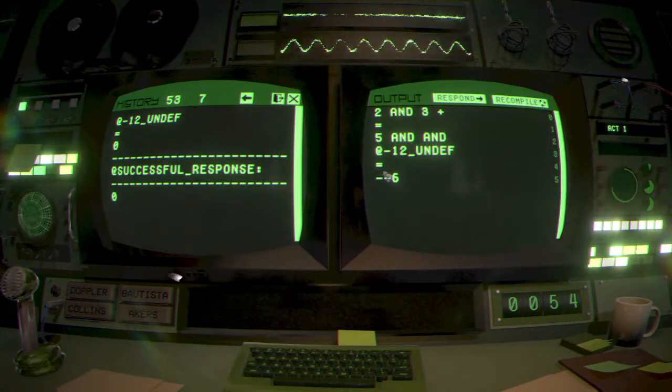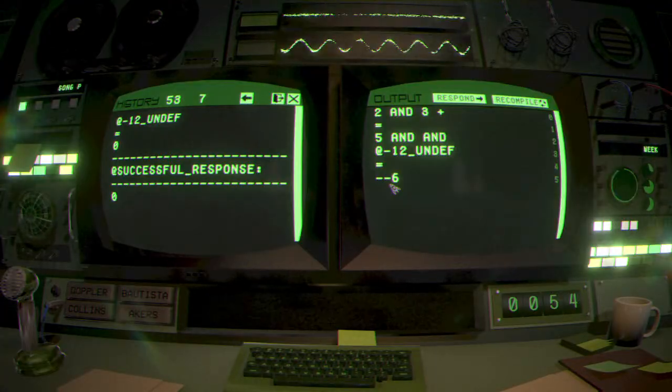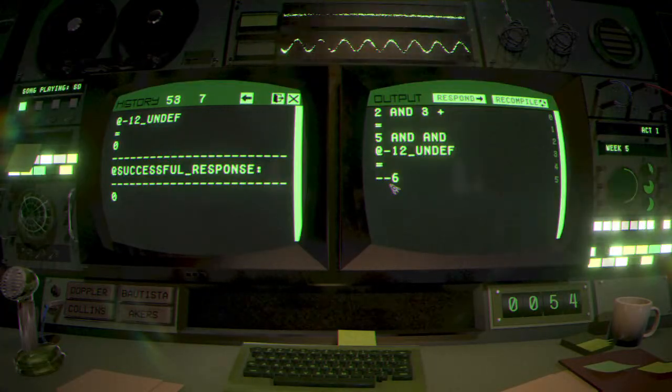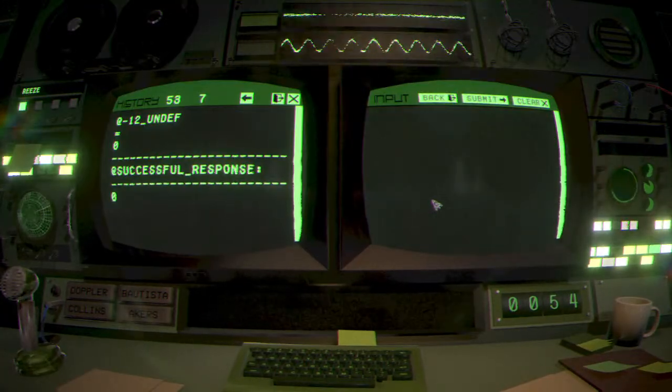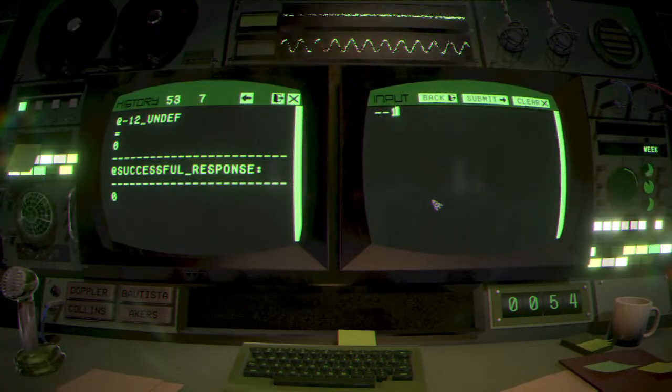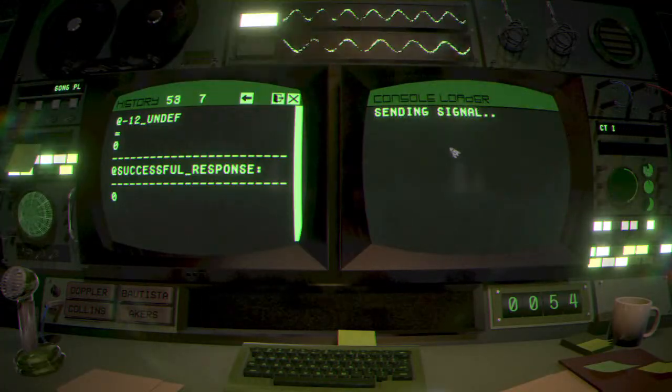So how could 5 become minus 6? Is if it was subtracting 11. So would it have been minus 11? Also, am I writing it properly?